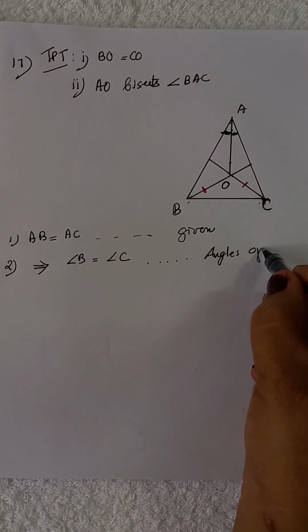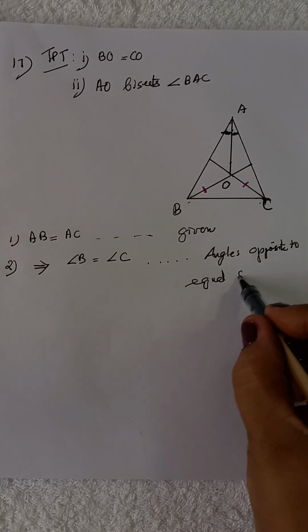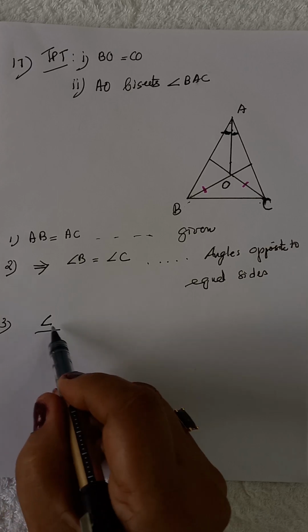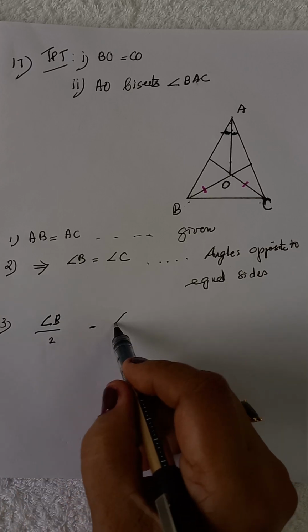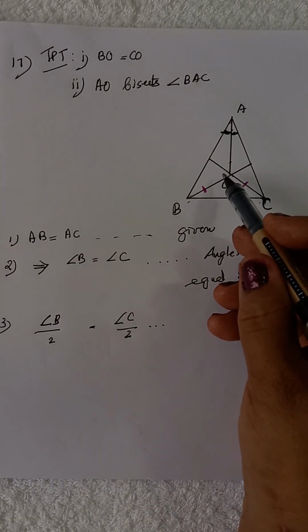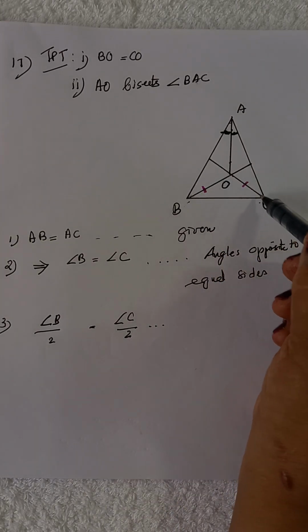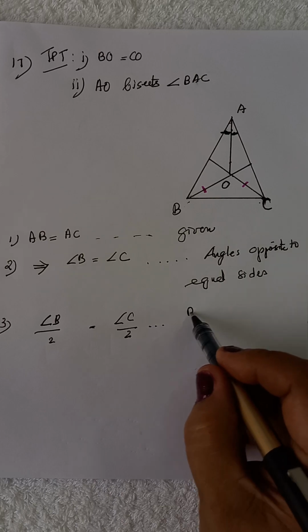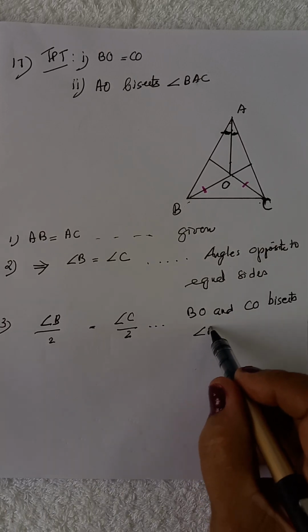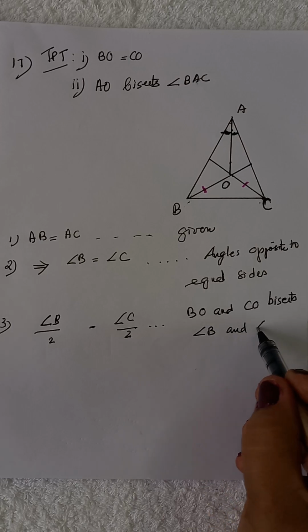Reason: angles opposite to equal sides. Third point, angle B is equal to angle C means angle B by 2 is equal to angle C by 2. What is the reason? BO bisects angle B and CO bisects angle C. So we can write BO and CO bisect angle B and angle C.